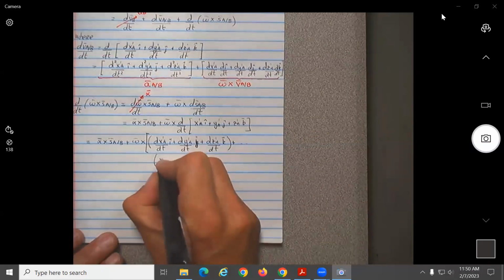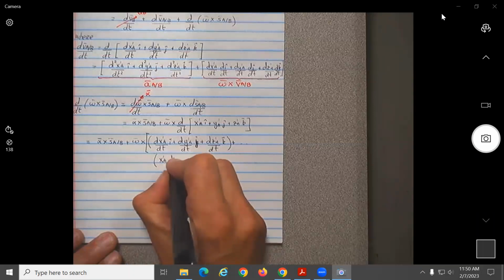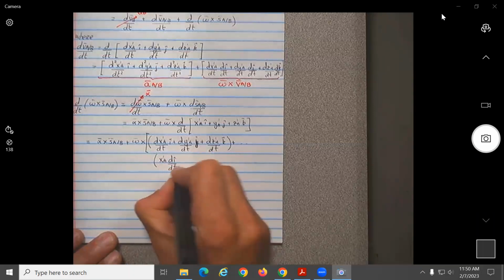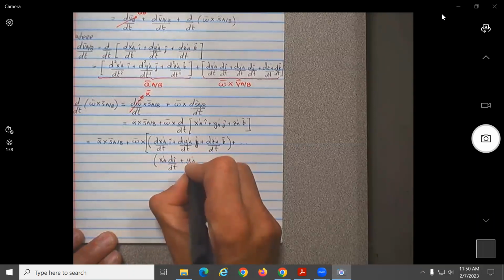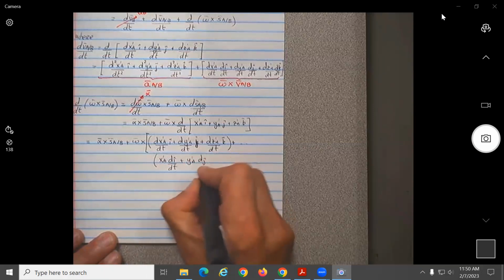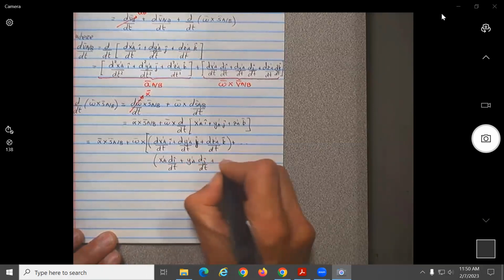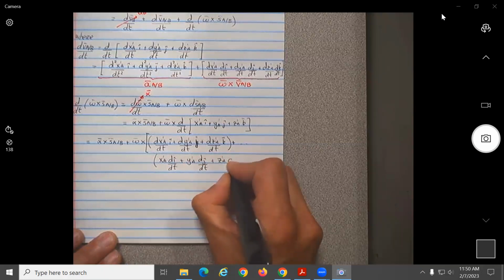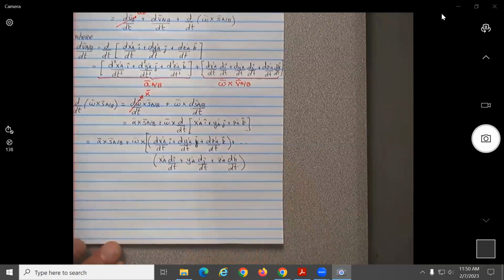The next one will be plus omega cross x'A di/dt plus y'A dj/dt plus z'A dk/dt.